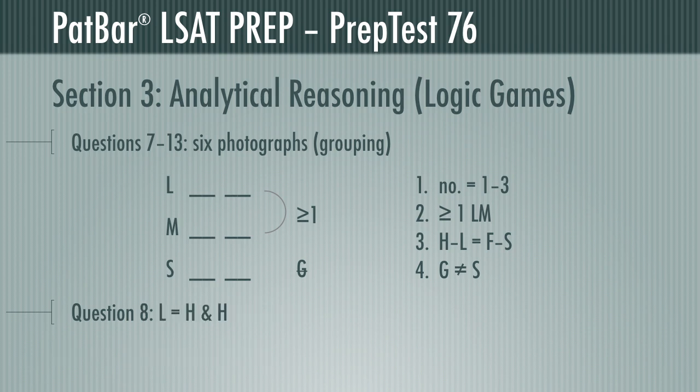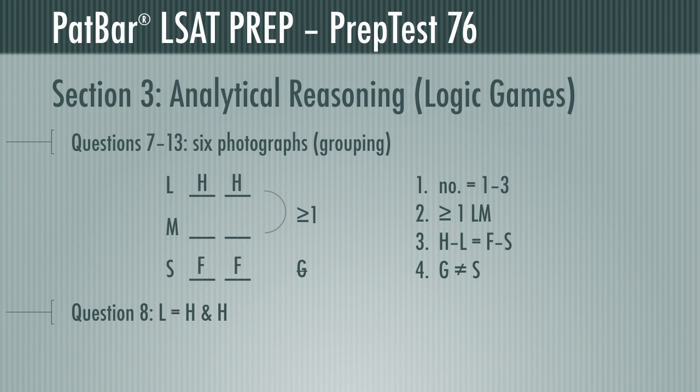Question 8 presents us with an if-then scenario. We're told to accept as a given that both photographs in lifestyle are by Hui. What then must be true of all 6 of our photographs? Rule 3 governs Hui, and as such requires that the same number, in this case both of the photos in sports, are by Fuentes. That immediately fills in 4 of our 6 spots. For the sake of the visual, we penciled them all in.